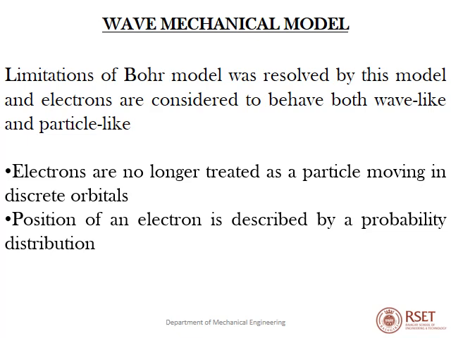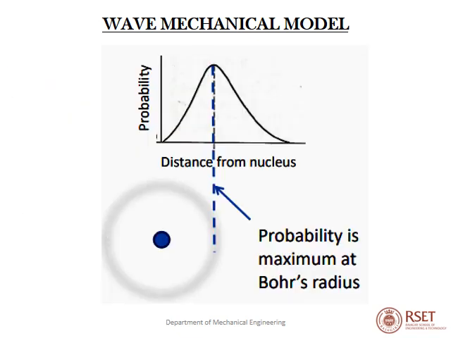Electrons are no longer treated as particles moving in discrete orbitals. The position of an electron is described by a probability distribution. So there is a probability to find an electron, and there is a cloud-like region that will be present. Here, instead of a solid circle, we have a cloud-like feature where there is a possibility of the electron.